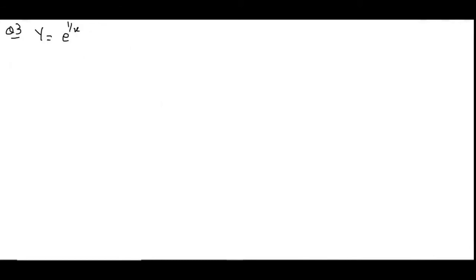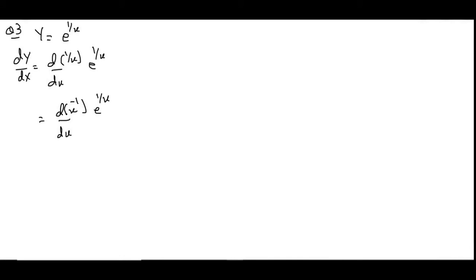Now here dy by dx is equal to d by dx of 1 over x and e raised to power 1 over x. So here we will take 1 over x as x raised to power minus 1, as we have studied in the derivatives of ordinary functions.